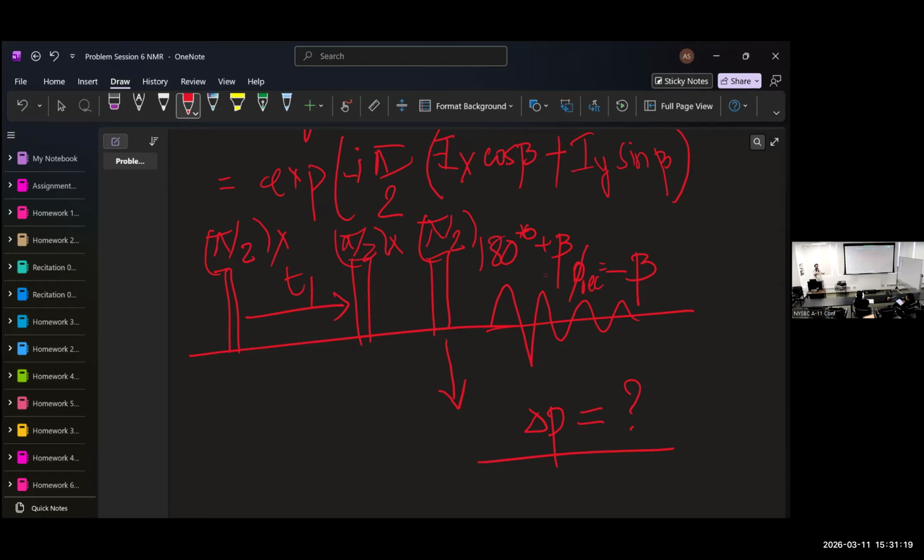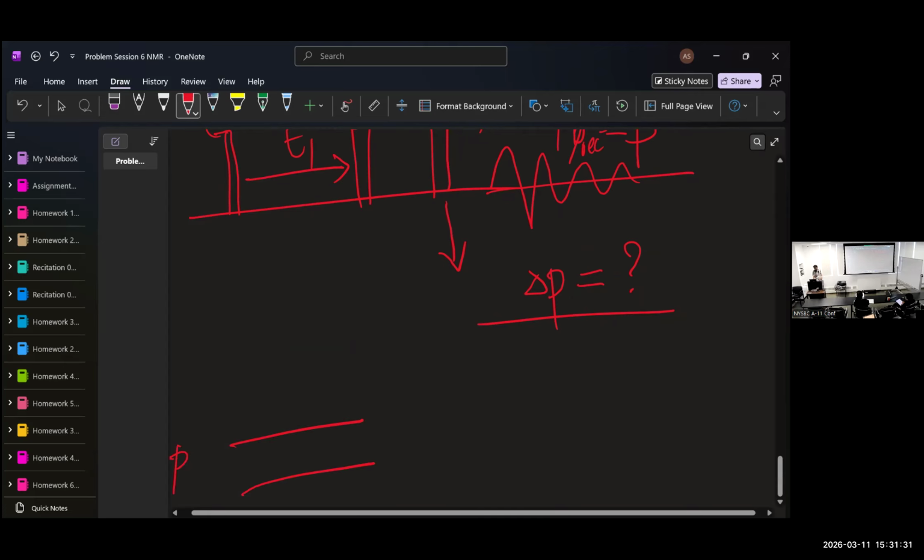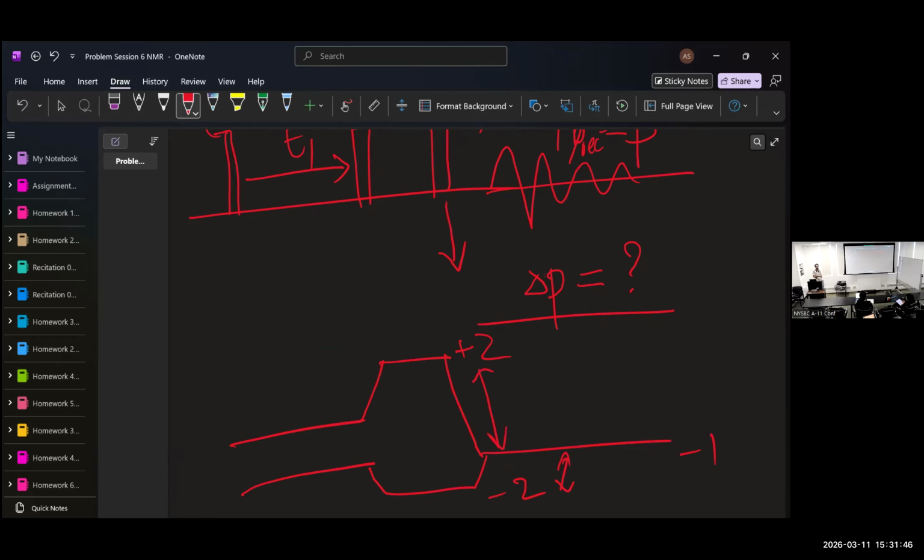So you will get the answer that you pick up plus 2 and minus 2 coherence before you produce plus and minus 1 coherence, and then they will become plus 2 and minus 2 coherence. Then at the start of acquisition, you pick up the minus 1. You can look at the notes and you can see that this will be consistent. You have to get a delta P of either 3 or minus 1.